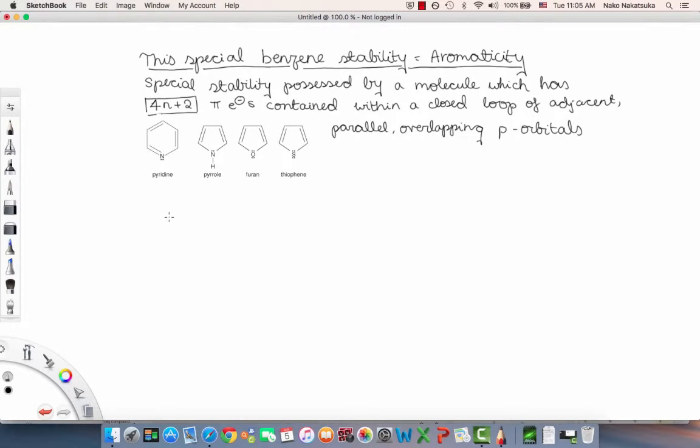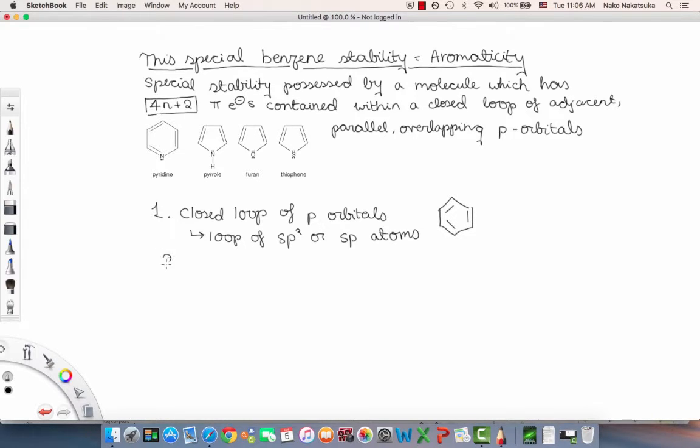So the first thing that's required is a closed loop of p orbitals. And so this means that you have a loop of sp2 or sp atoms, like a benzene molecule.